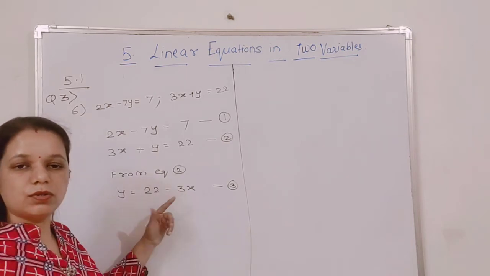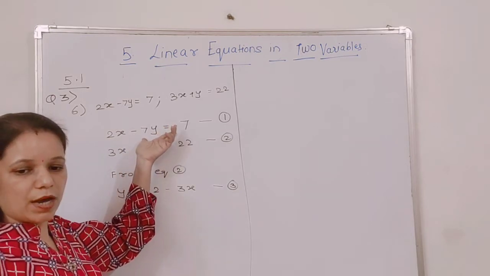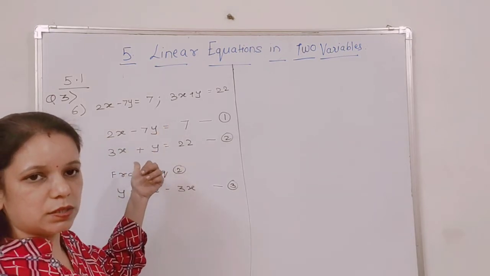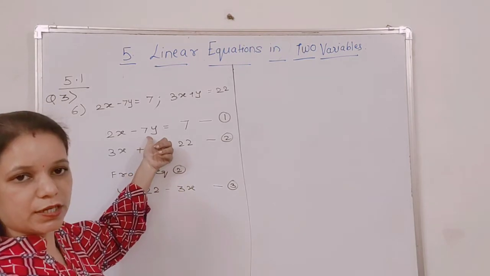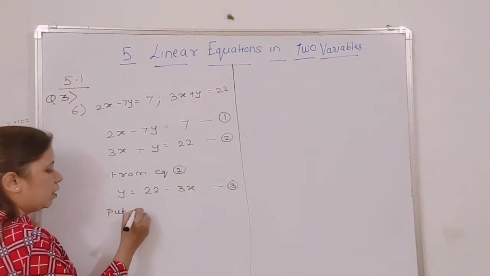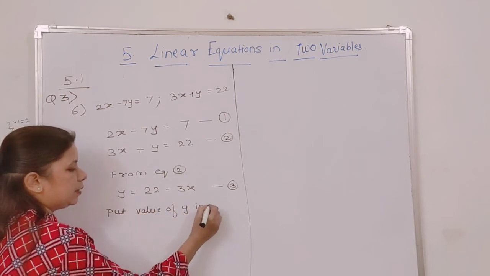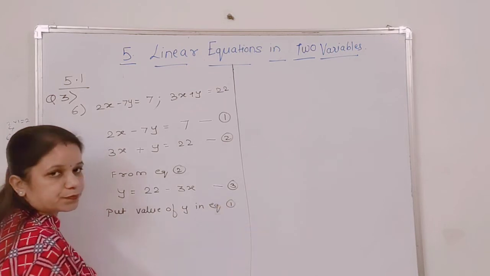Now this value of y, we will either put it in equation 1 or in equation 2. We will put it in equation 1. So put the value of y in equation 1.